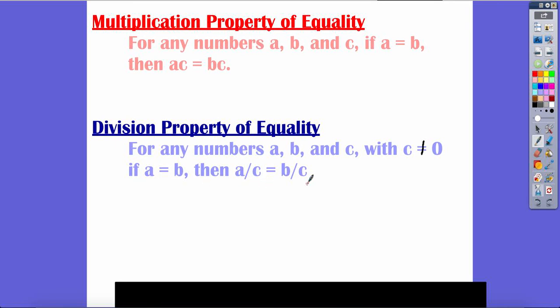Any other number I can divide on both sides of my equation, and I keep everything in balance. When I see an equal sign, I always think of a scale and what each side of that scale is equaling, and making sure that I always try to keep it in balance.